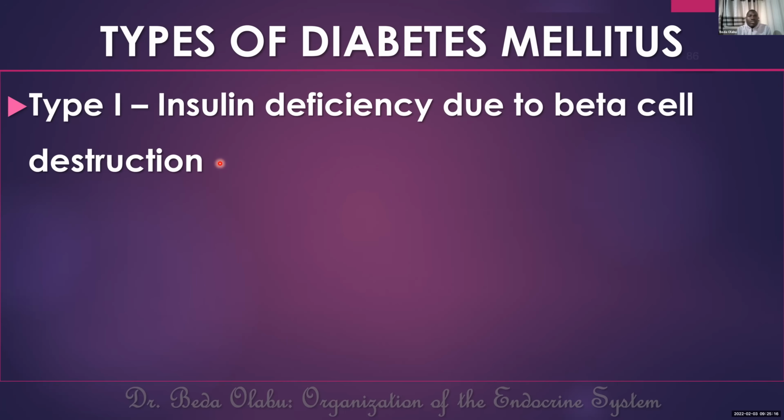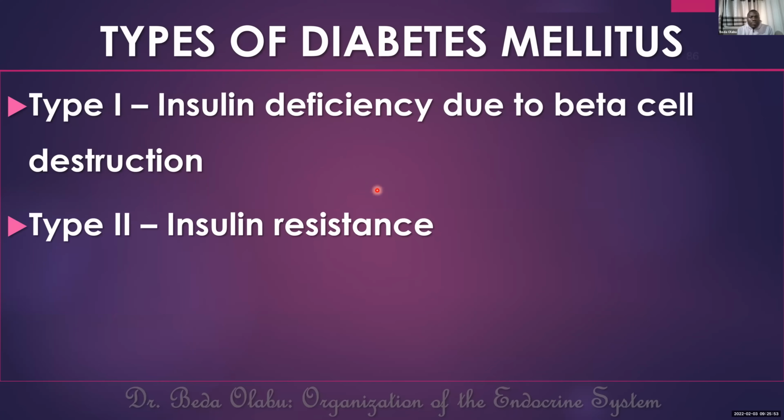You may have type 1A, where the beta cell destruction is autoimmune, and type 1B, where the beta cell destruction is idiopathic. The cause of the destruction is not known. Previously, this type of diabetes mellitus used to be called insulin-dependent diabetes mellitus because these patients rely on administration of insulin throughout life.